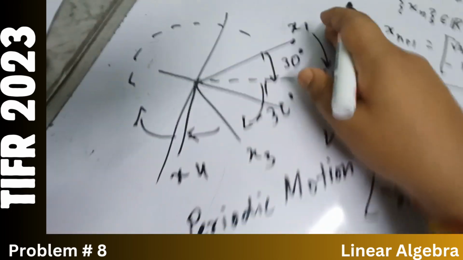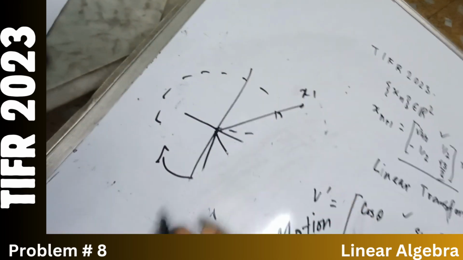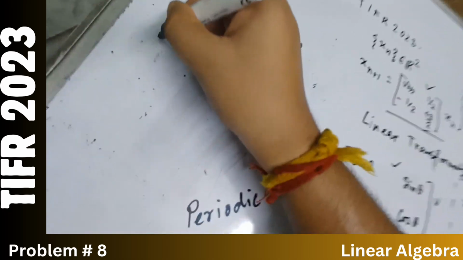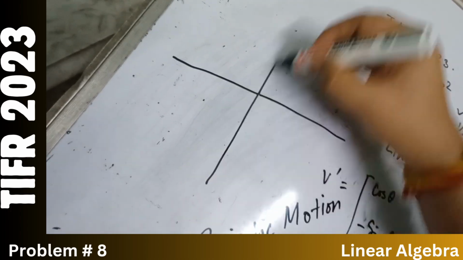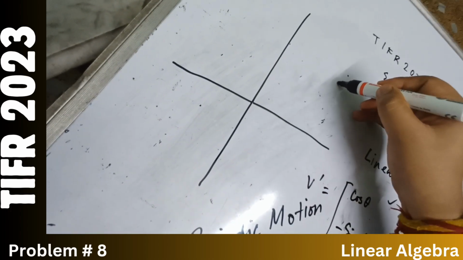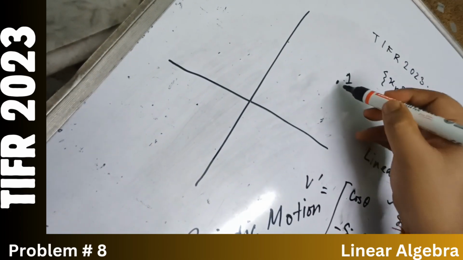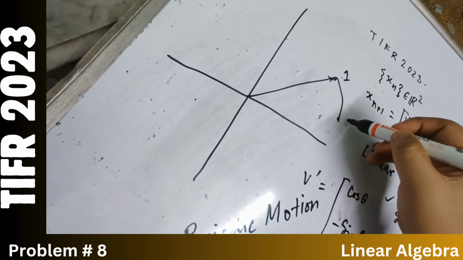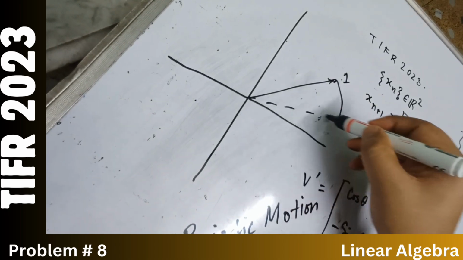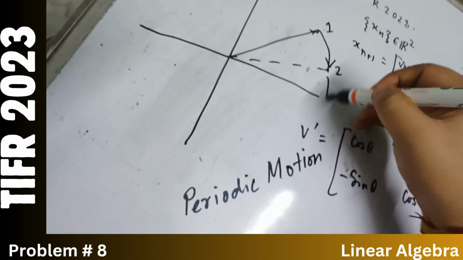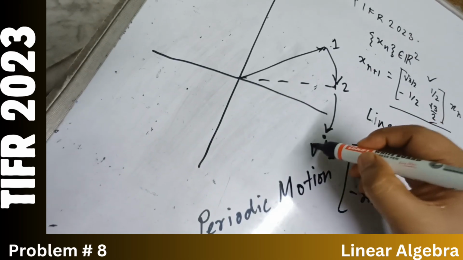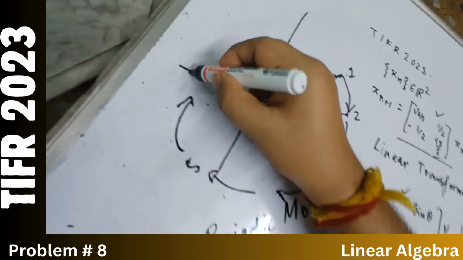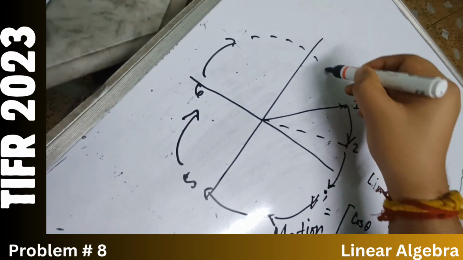So let's look at this picture one more time. Here was our x1, the number 1 position, say. From number 1, this vector is rotated to number 2, from number 2 to number 3, number 3 to 4, 4 to 5, 5 to 6, 6 to 7, and so on.